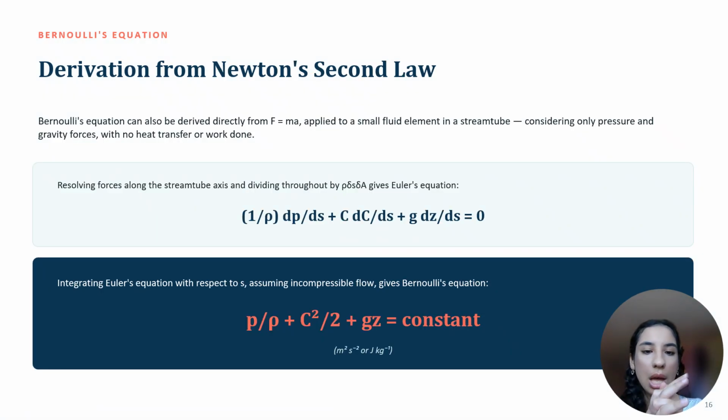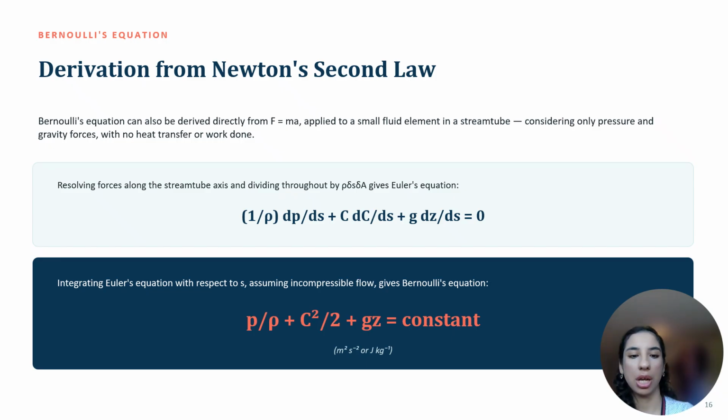Now, how do we derive this? Again, I hate derivations. I really hate them. That's just Bernoulli's equation again, but we use something different. We use F equals ma, so that's Newton's second law.